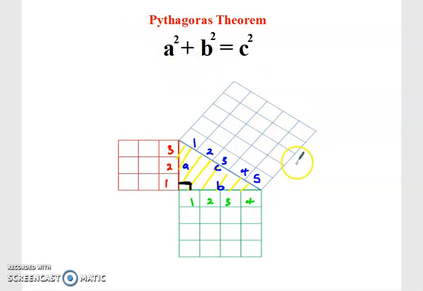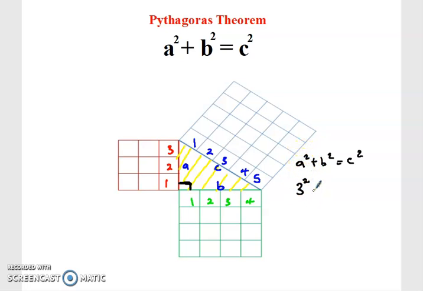So if we take the theorem A square plus B square equals C square, let's do a deeper investigation using some math procedures. What is A? 1, 2, 3. So the length of side A is 3. So we put our 3, and it has a square.